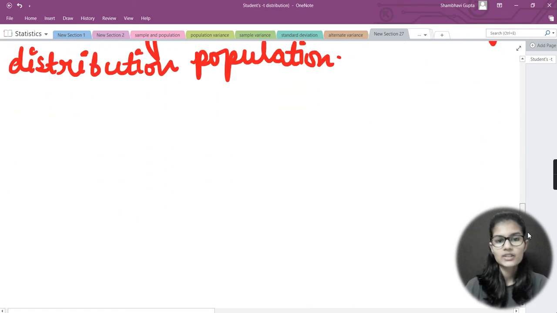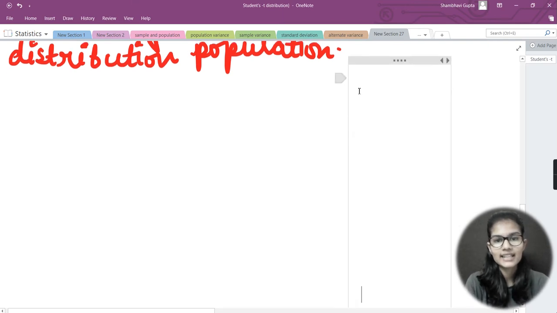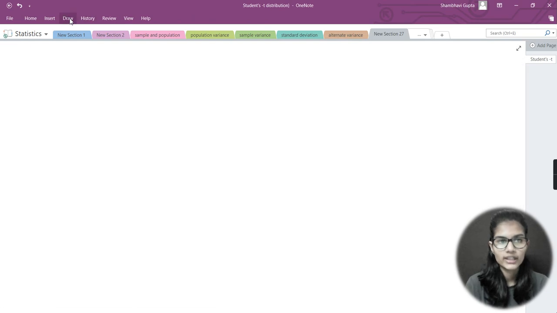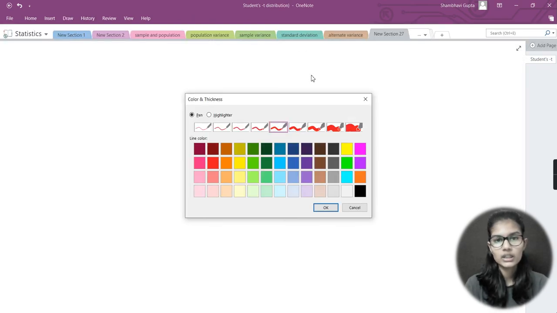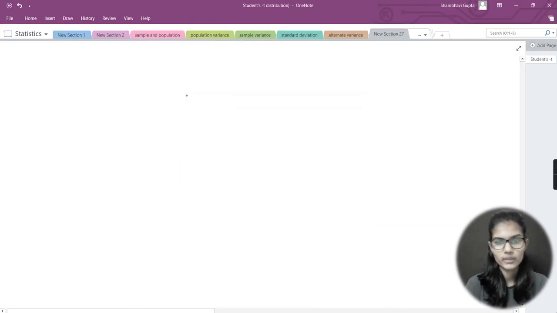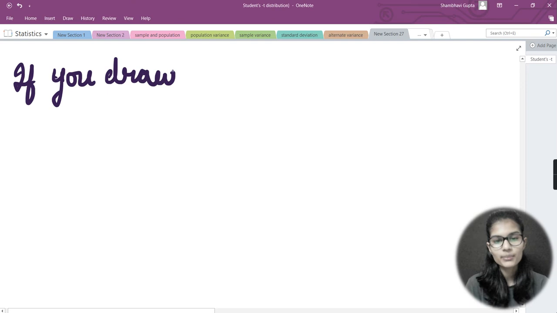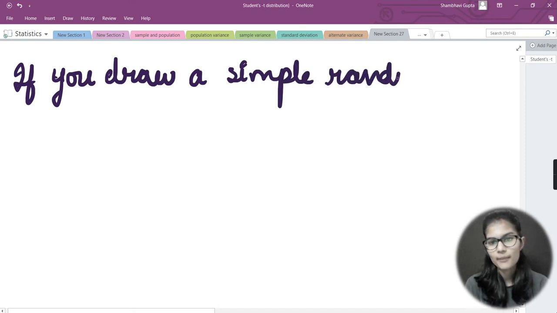Now the second thing I want to tell you is how we write that and how we know it. For that I would take a new color here so that it is a little bit differentiable. Now, if you draw a simple random sample, we all know what a random sample is, right?